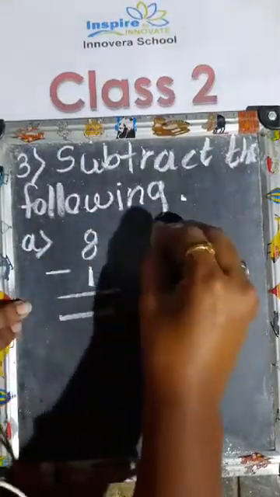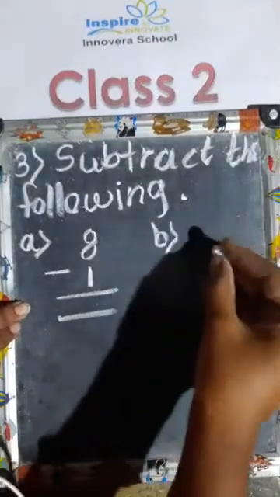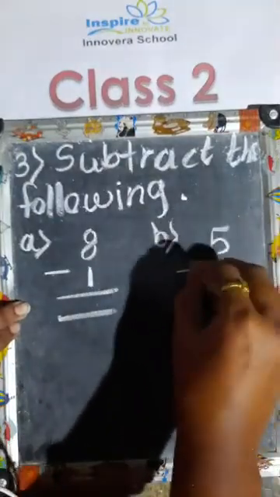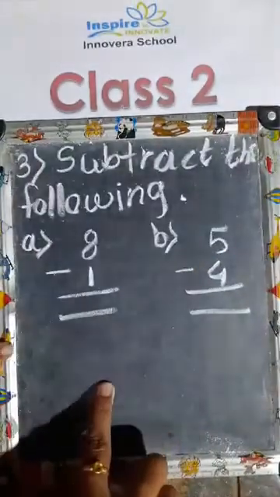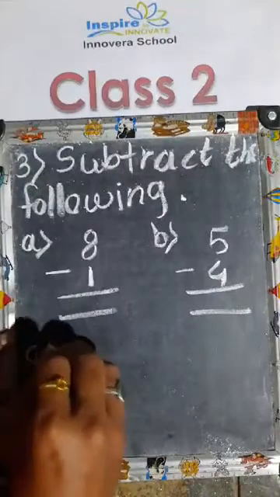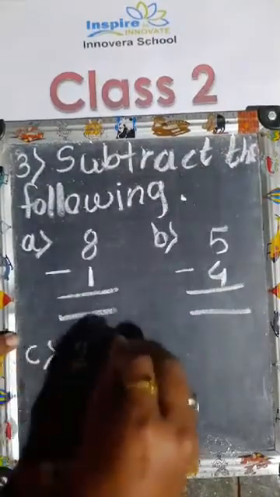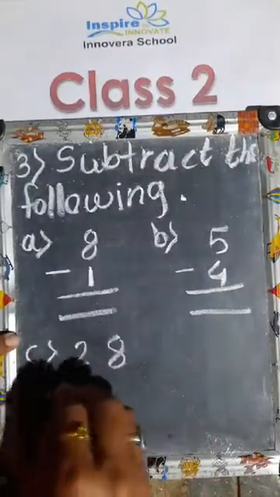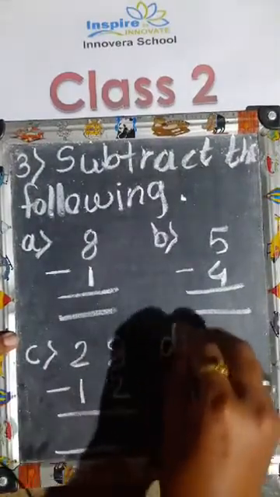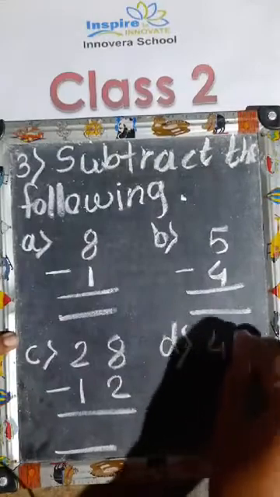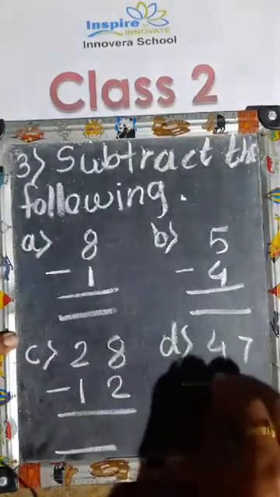B, 5 minus 4. C, 28 minus 12. D, 47 minus 12.